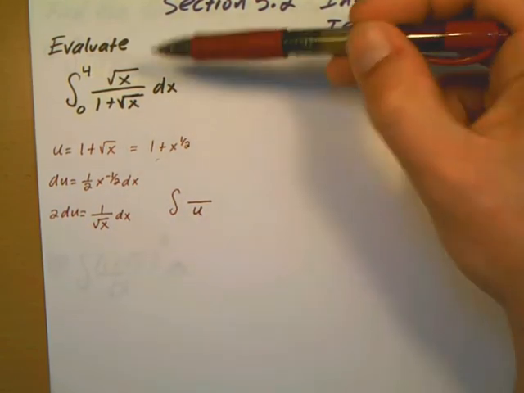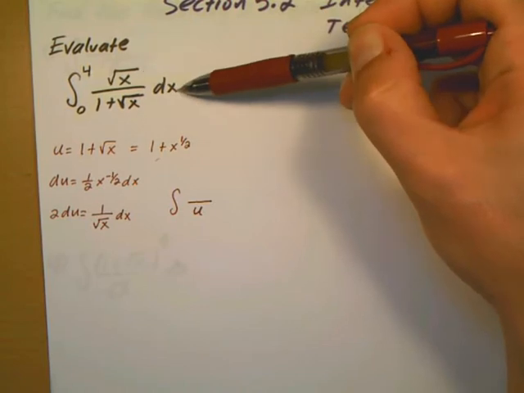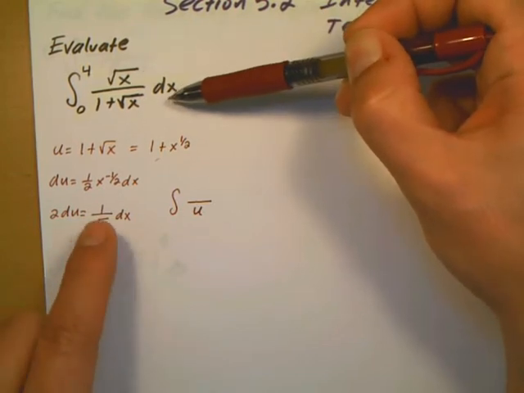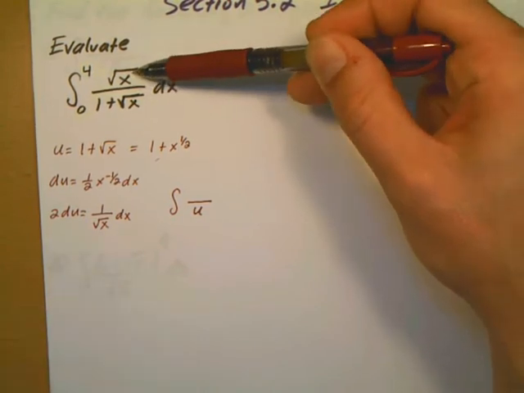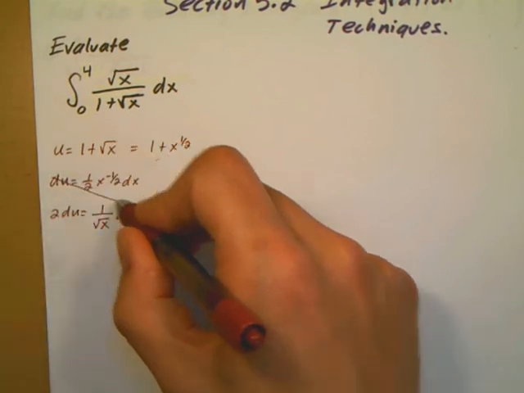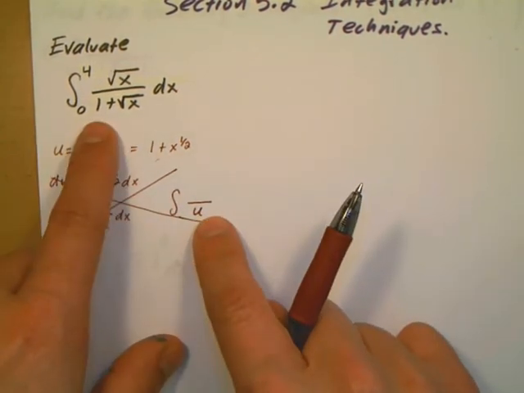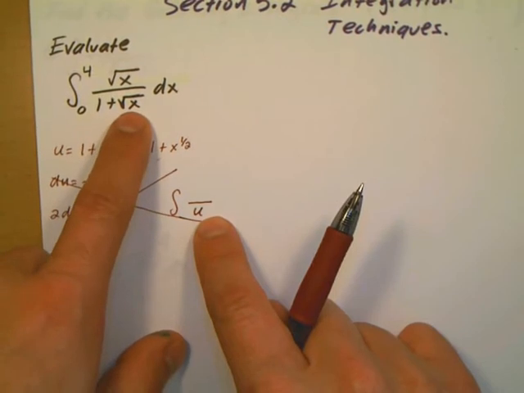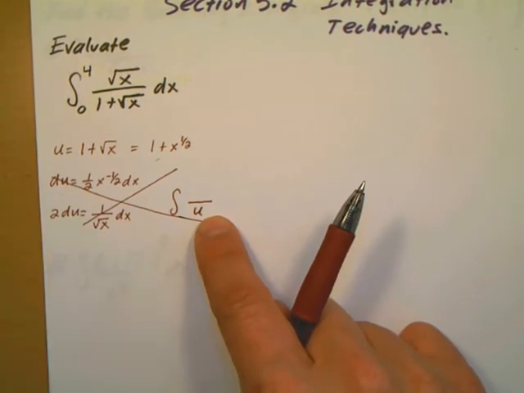I have the opposite. I have square root of x in the numerator and the dx next to it. But my du says I have to have square root of x in the denominator, and I don't. So at this point, this is incorrect. I already used up the denominator, the 1 plus square root of x. I don't have the correct du matching up, so this is incorrect.